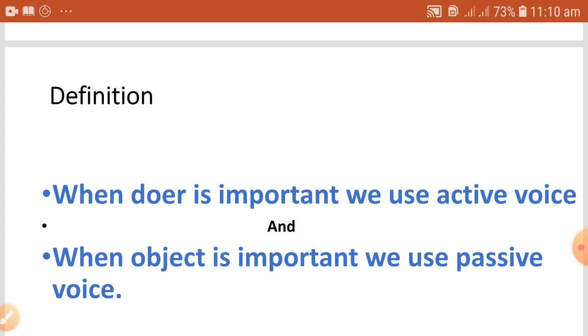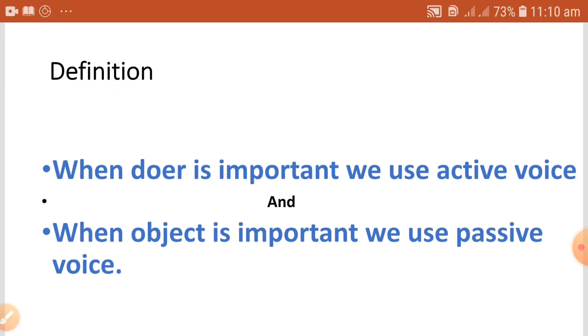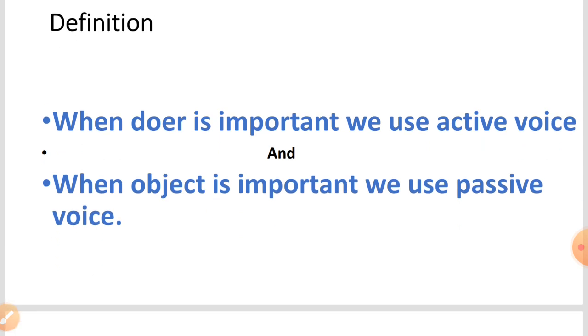Rather, the action is done to the subject. Means, in passive voice, the subject is passive and the object is active. So, importance is given to the object. At that time, we call it passive voice.